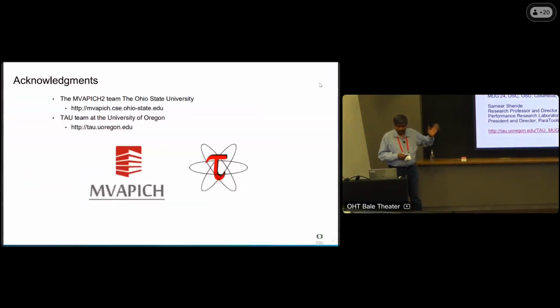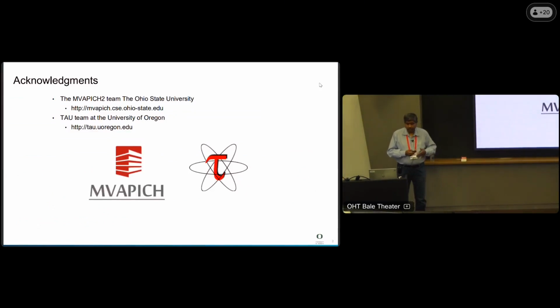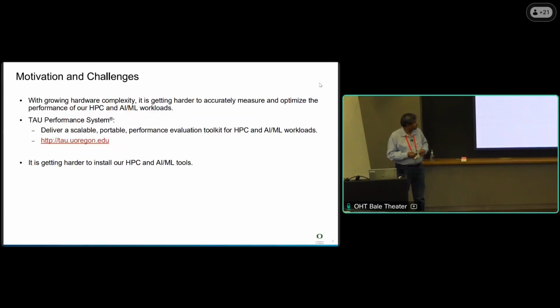So I would like to thank the team at the Ohio State University, the MVAPICH team, and the Tau team at the University of Oregon. The key problem that I'm trying to address here is that it's getting harder and harder to measure the performance of our applications in HPC and AI/ML space because the hardware complexity is rising.